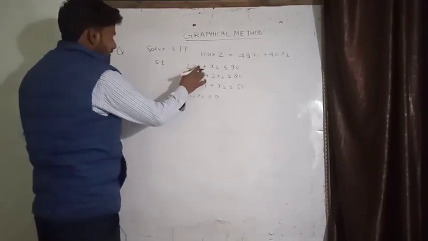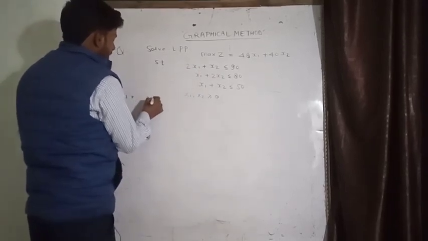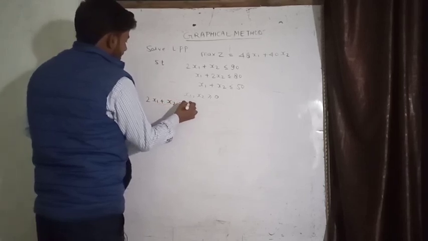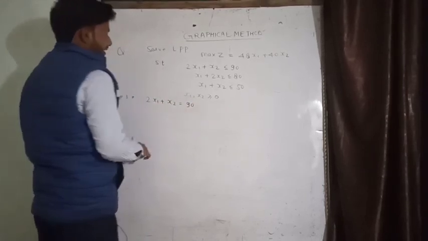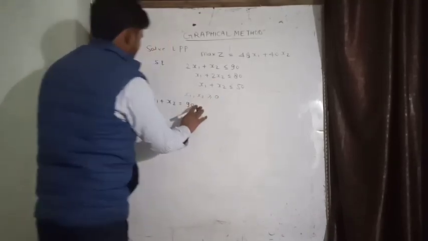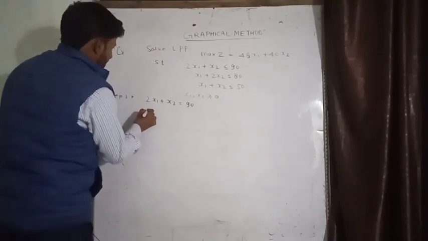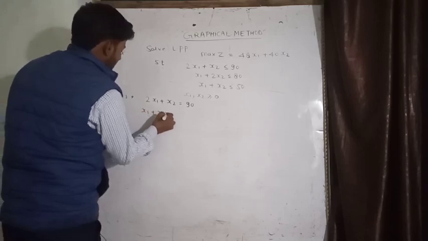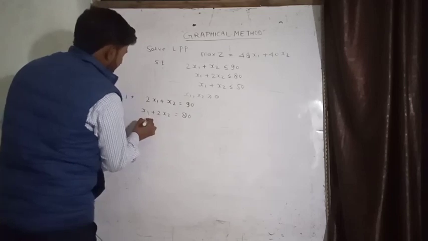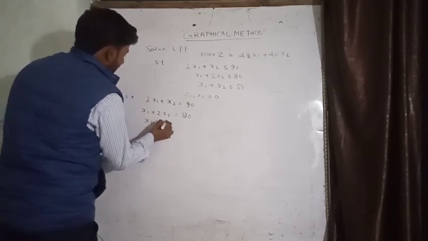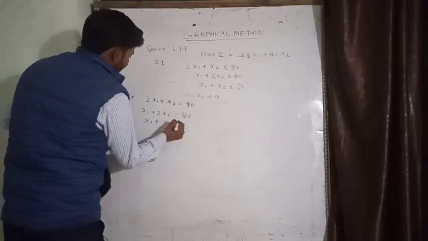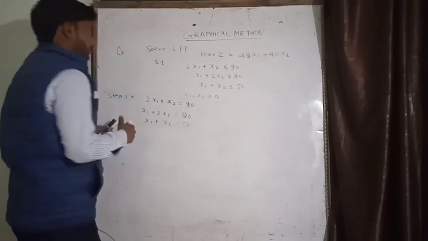So this inequality becomes 2x1 plus x2 is equal to 90. Again, this becomes x1 plus 2x2 is equal to 80, and last is x1 plus x2 is equal to 50.